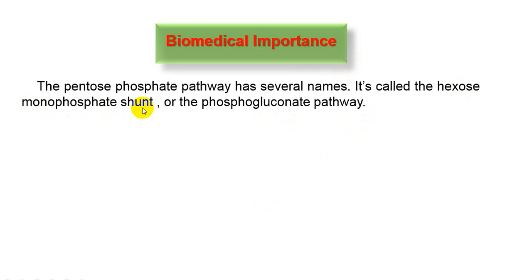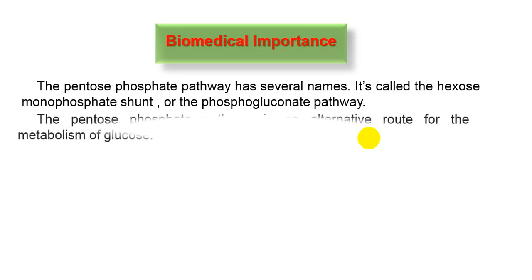Or the third name is phosphogluconate pathway. Now we've got 3 names for this process: pentose phosphate pathway, hexose monophosphate shunt, or phosphogluconate pathway. Any name from these means this process, and the famous name is the pentose phosphate pathway. Okay.